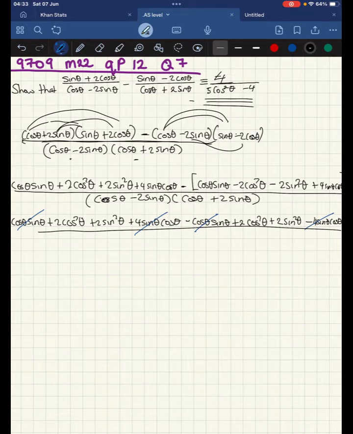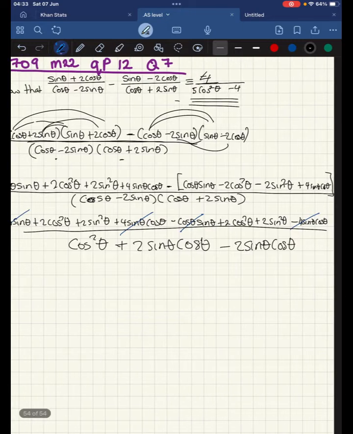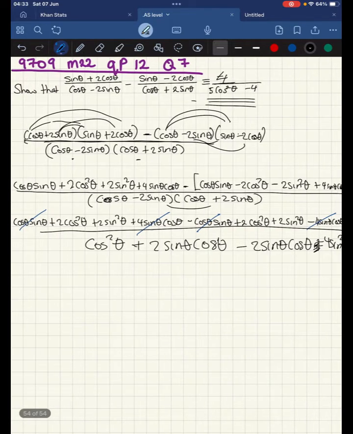Alright, now let's just do the denominator for now as well. It becomes cos squared theta plus 2 sine theta, then minus 2 sine theta, and then minus 4 sine squared theta. Okay, so now we're left with 2 cos squared theta.